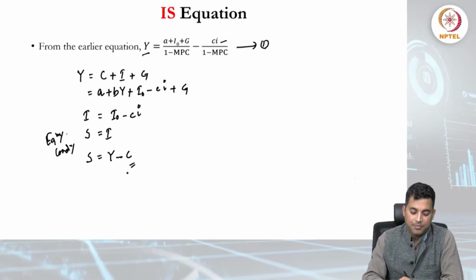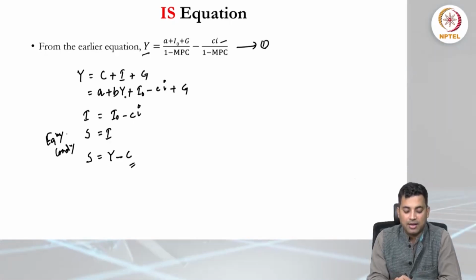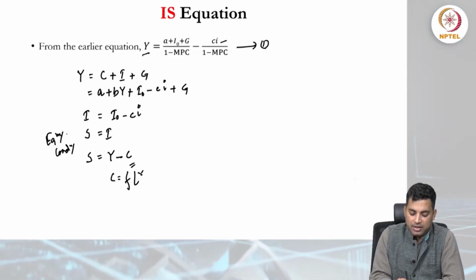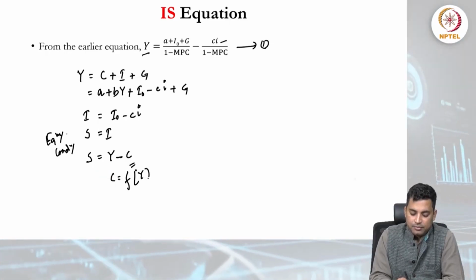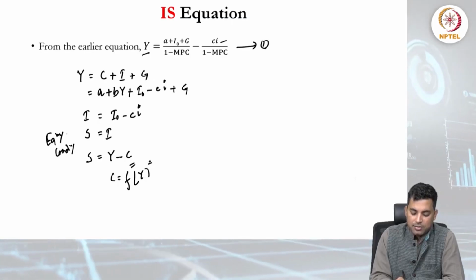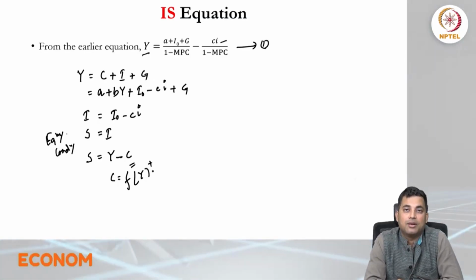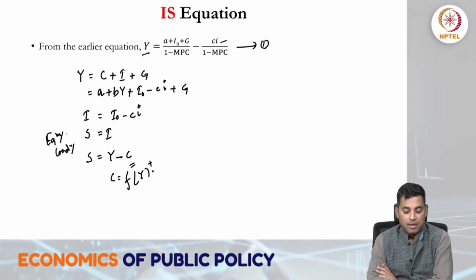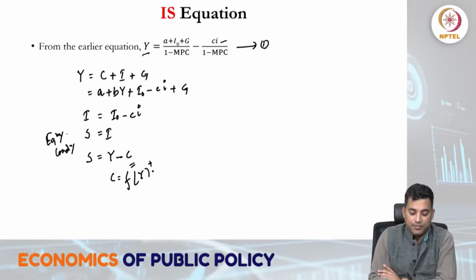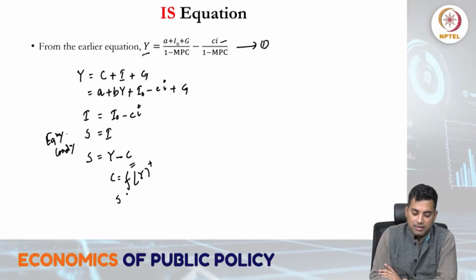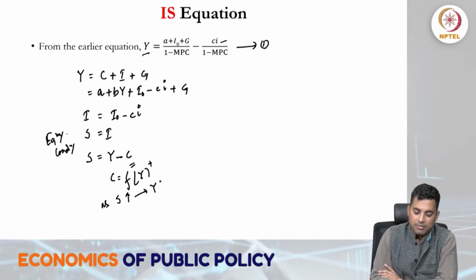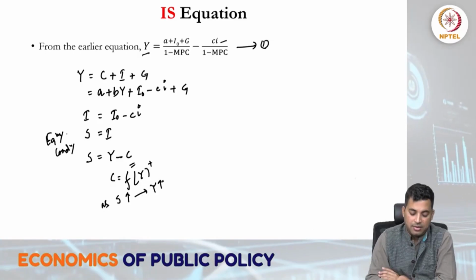From the consumption function we know that C is positively related to output, so C is a function of income. As income increases, consumption will increase. For savings also, as saving increases, that means income has already increased.